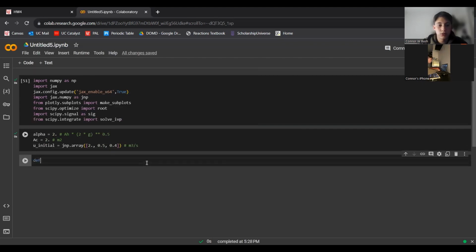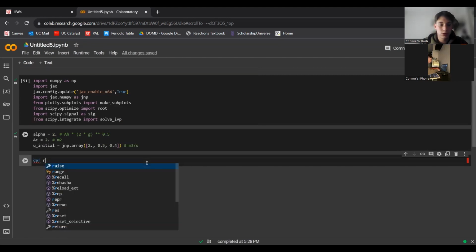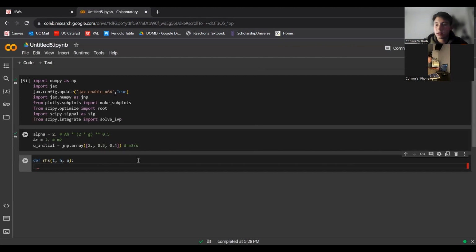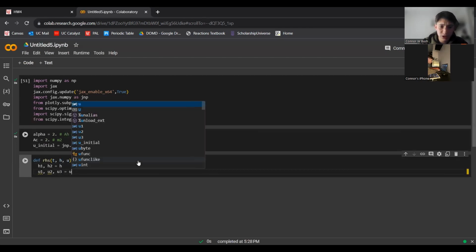So now we need to define a function that will return dH1/dt and dH2/dt. For the right-hand side, we need a time, height, and flow rate parameters, and then we have 2 heights and 3 flow rates u. So we're going to unpack that as h1, h2 for h, and u1, u2, and u3 for u.